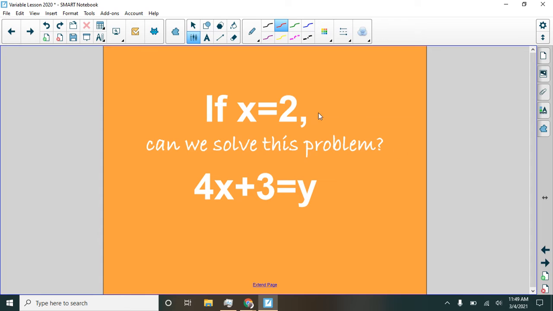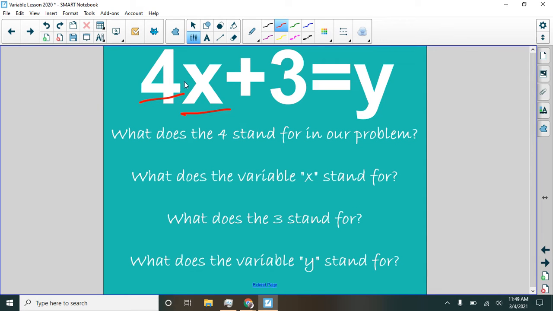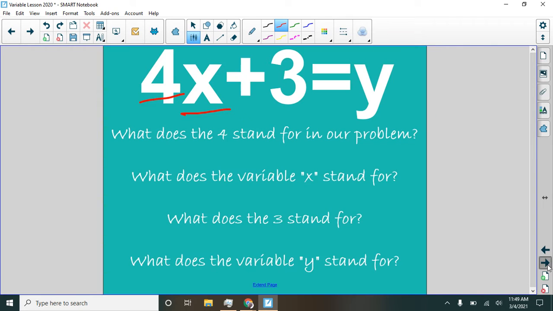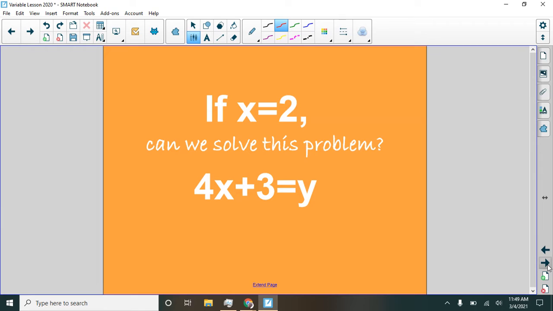Let's say that X equals 2. So what was X again? X was the number of books that each girl has read, right? It's the word sum, not S-U-M. We don't know how many books each of the friends has read. If we just say they each read 2, we're going to put that 2 in here.